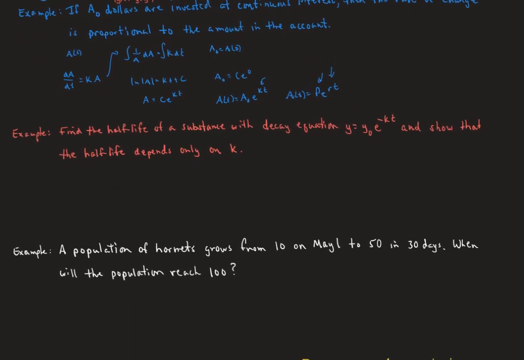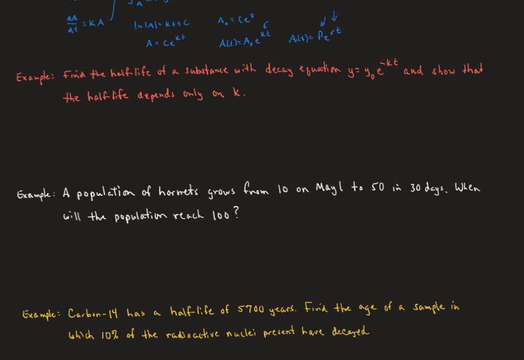Okay, so let's find the half-life of a substance with decay equation y equals y sub 0 e to the negative kt, and show that the half-life depends only on k. So if our half-life is whatever it is, we know that we have y sub 0 at time 0.